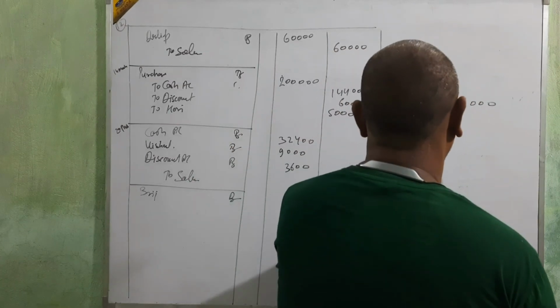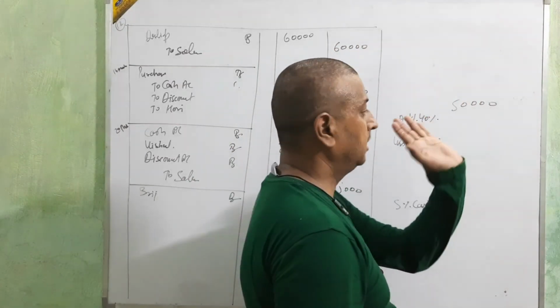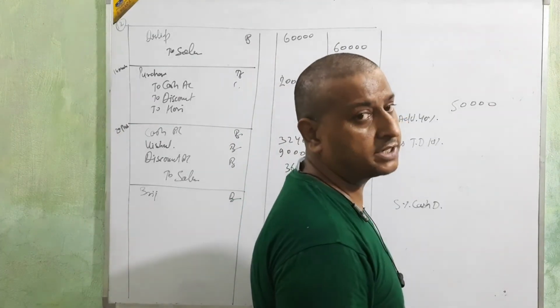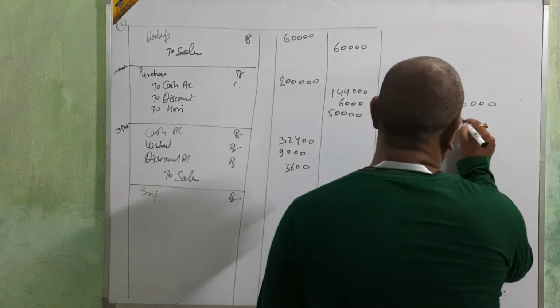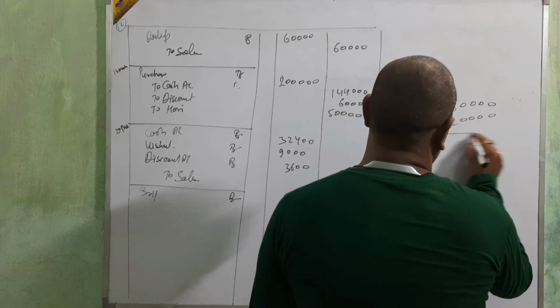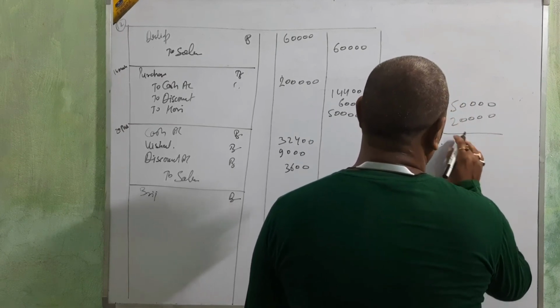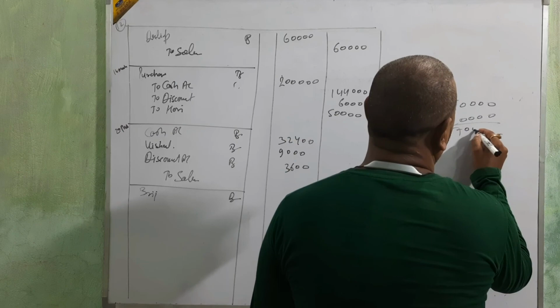First thing, 40% we are going to add. 40% of 50,000 is 20,000, so the amount is 70,000.